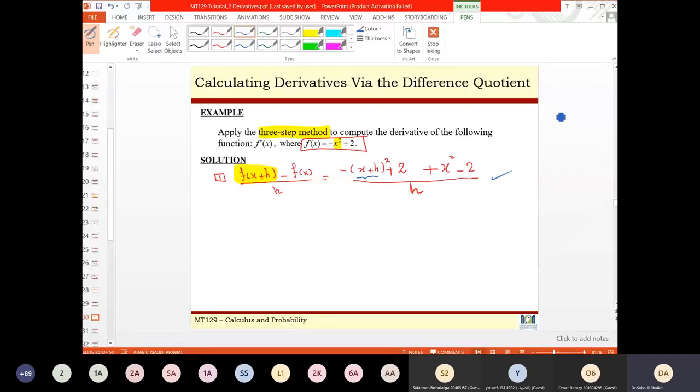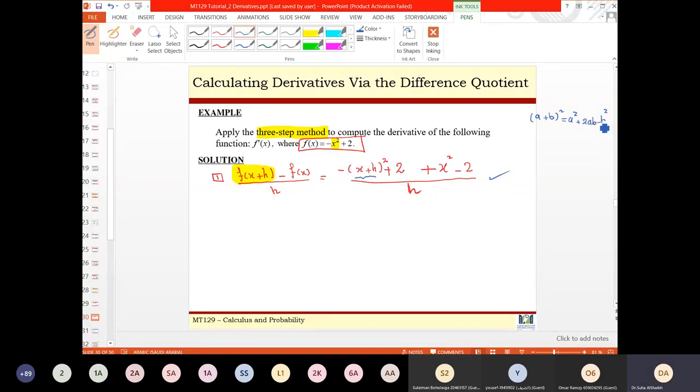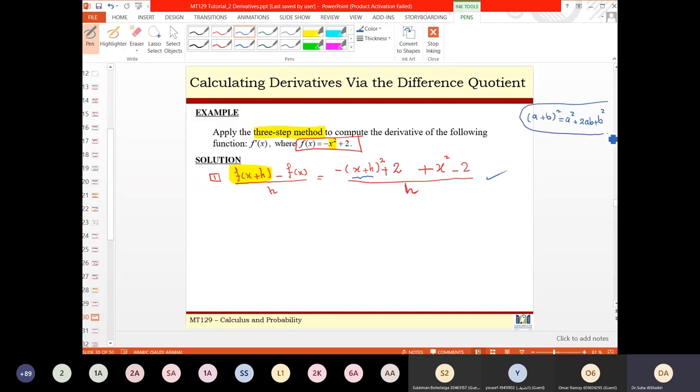We have this rule, if you remember: if I have a plus b squared, it is the first squared, plus the second squared, plus 2 times the first times the second. Right?